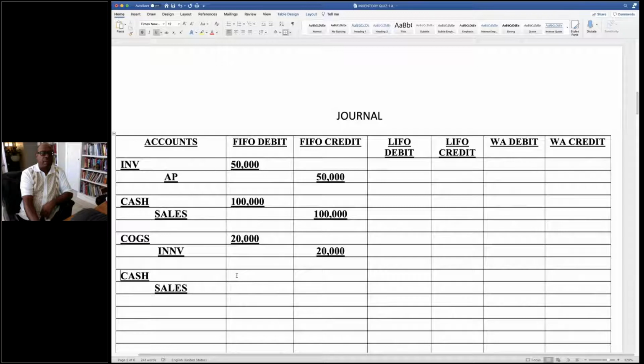So what's the amount? It was accounts receivable, but it's $200,000. Okay, 200,000. You're right, it said AR, so let me put A/R.